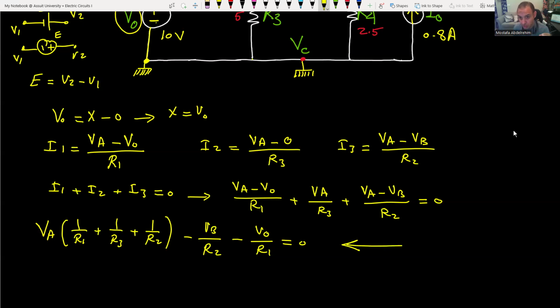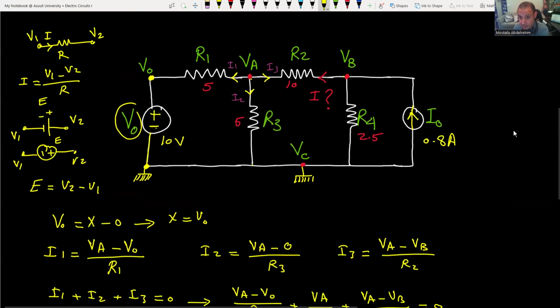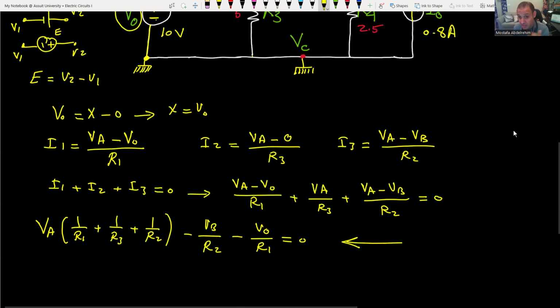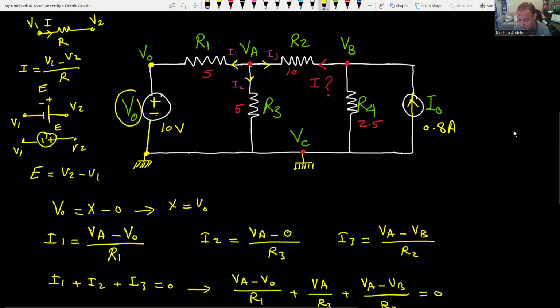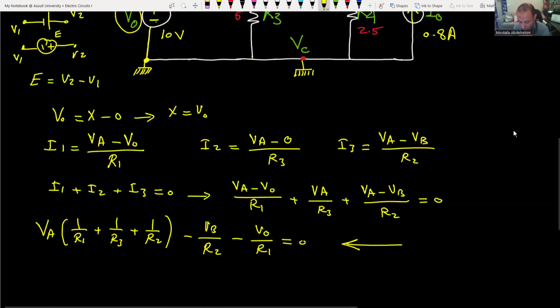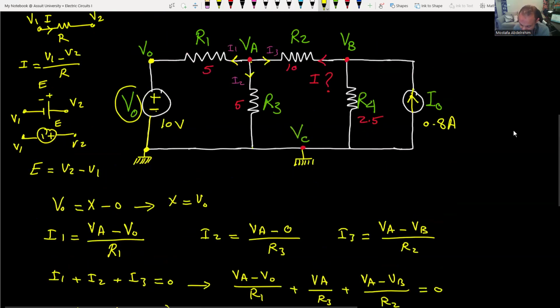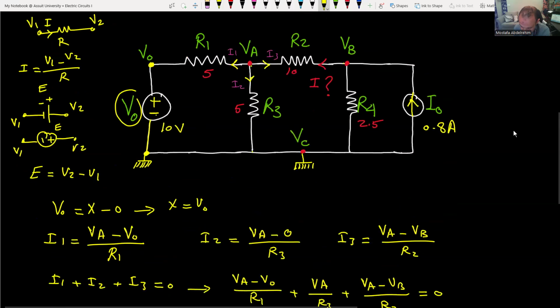The voltage of the node that we are solving at right now, which is VA in this case, is multiplied by the reciprocal of all the resistances connected to it. VA is connected to R1, R2, and R3. Always minus, as long as you assume the current going out. You can assume the current going in too, but all the signs will be flipped from negative to positive or positive to negative.